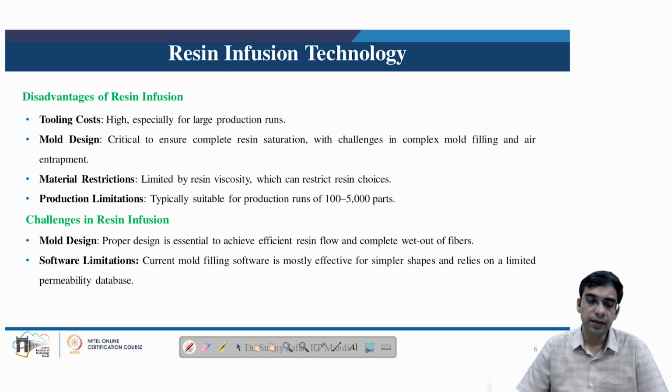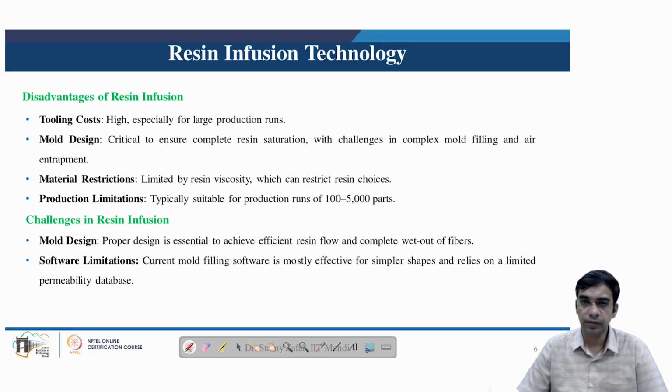Next is the mold design, which needs to be carefully done to ensure complete resin saturation, with challenges in complex mold filling and air entrapment. The material restrictions may also be in place because of the resin viscosity.